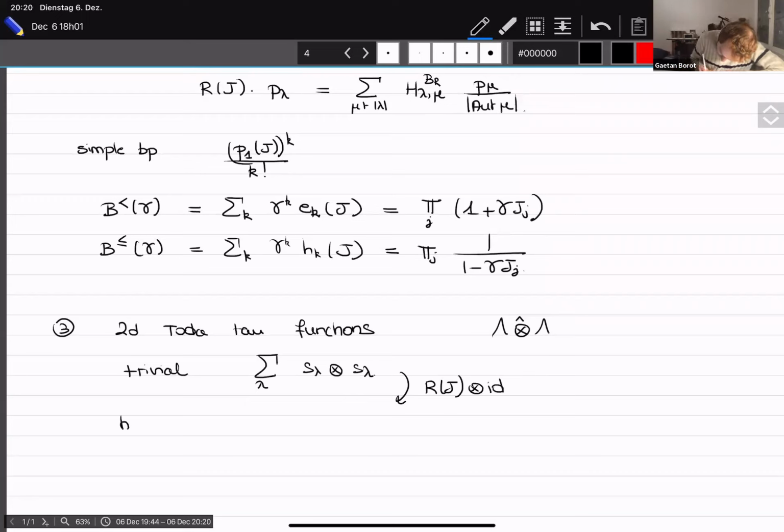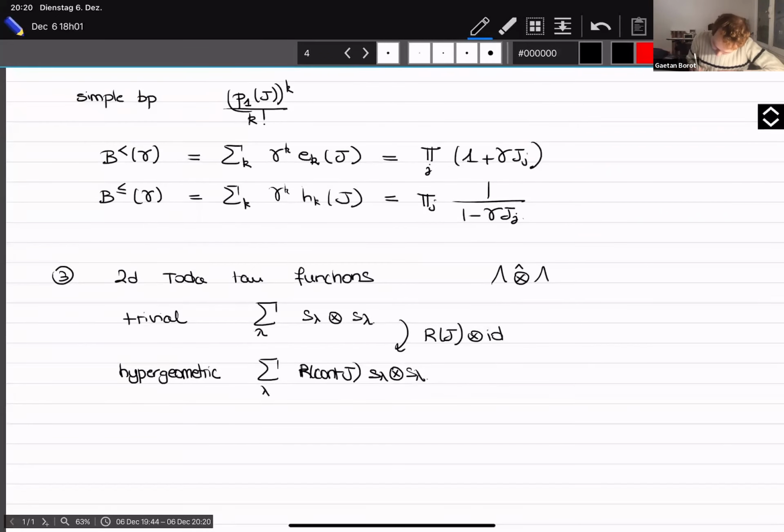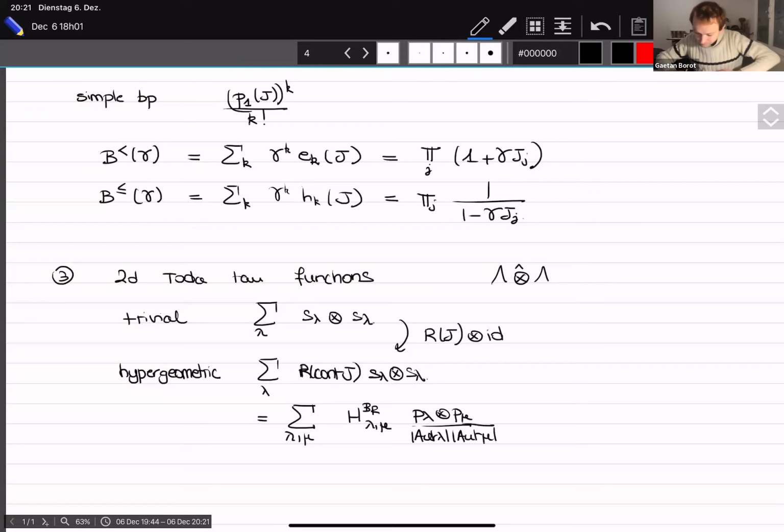And you still get what John calls a hypergeometric tau function. And because S lambdas are eigenvectors, it has a very simple form. It's still diagonal. However, the interesting point is that the combinatorics of Dubrovin-Murphy tell you that actually it's also a generating series of Hurwitz numbers, when you express this in terms of power sums. Good.